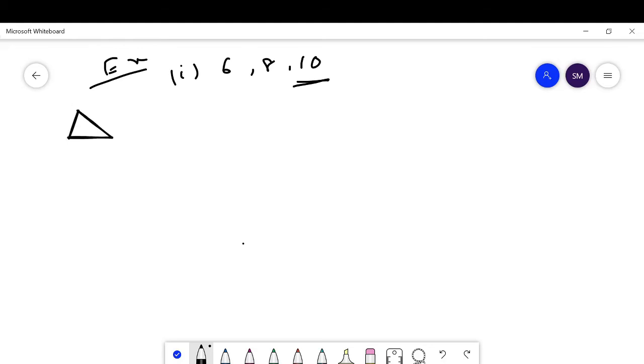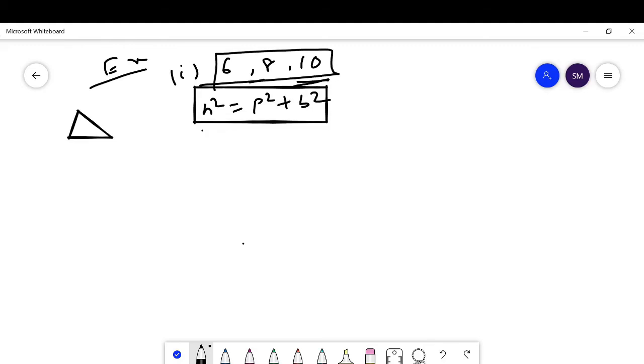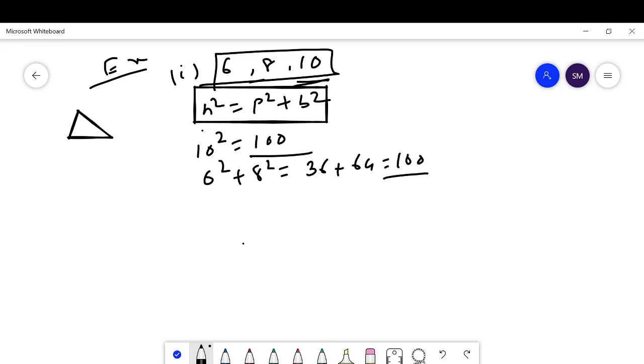Here if we get h square is equal to p square plus b square, then we can say these are the three sides of a right angle triangle. Here 10 square is equal to 100. Then 6 square plus 8 square is equal to 36 plus 64, which is equal to 100. Yes, we get 10 square is equal to 6 square plus 8 square, which means h square is equal to p square plus b square.